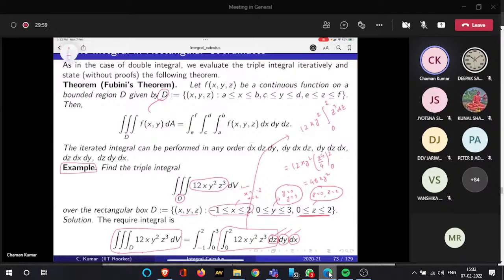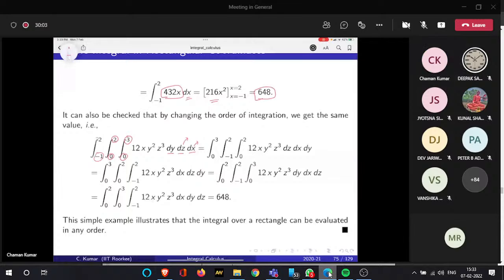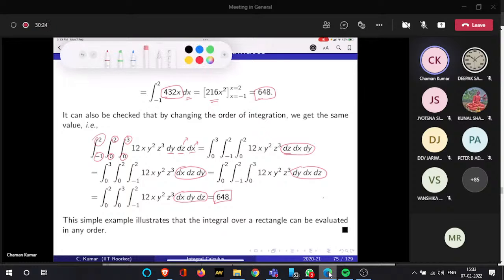So you put -1 to 2 here. Okay, in the same way, you can have different orders. All orders are given on the slides. And you can verify at home that in every order you will get the same answer. Okay, it illustrates that Fubini's theorem holds.